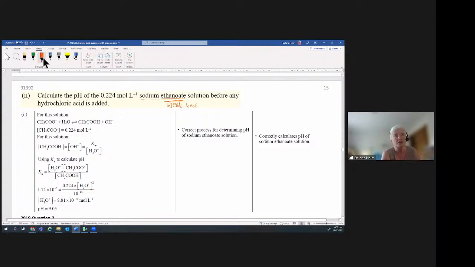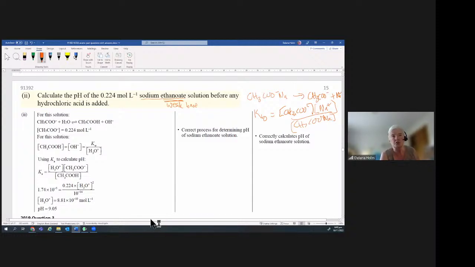So what you would start off with, if you were trying to do this, a lot of students go CH3COO minus Na plus goes to CH3COO minus plus Na plus, and then they go Kb is equal to CH3COO minus multiplied by Na plus divided by CH3COO minus Na. Can you see what is wrong here?